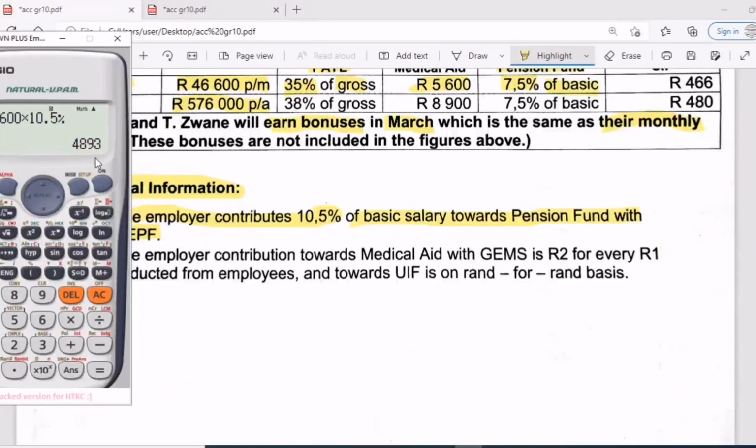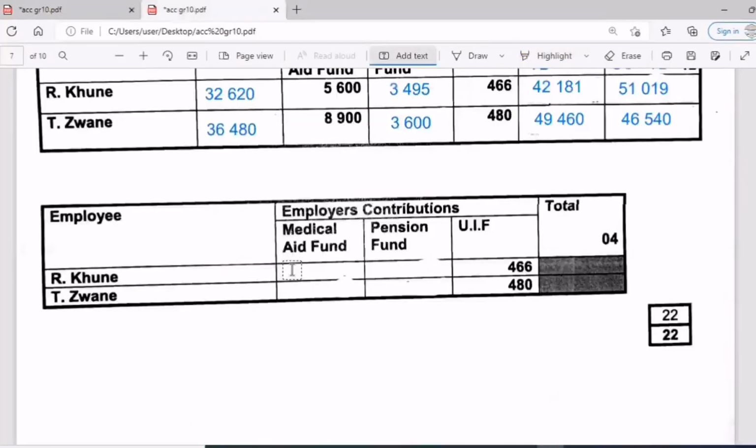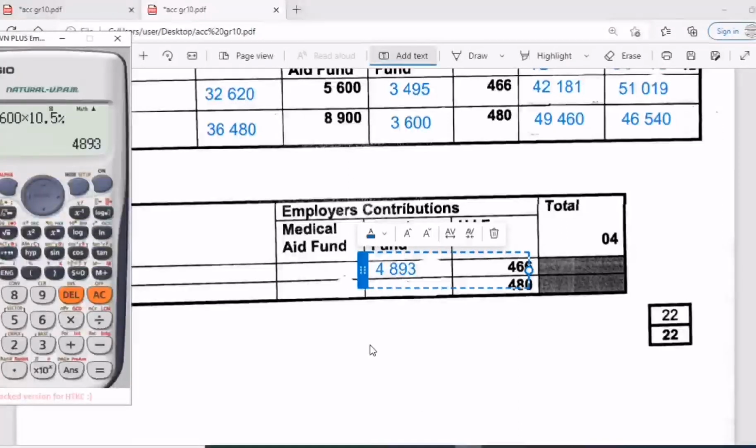So this means the employer contributes this amount towards the pension fund on behalf of Kune. So we contribute 4,893.